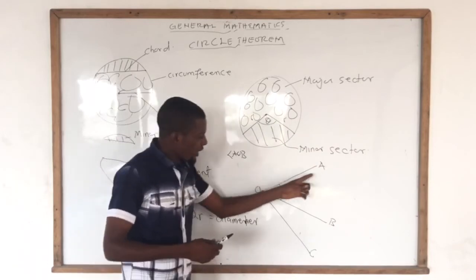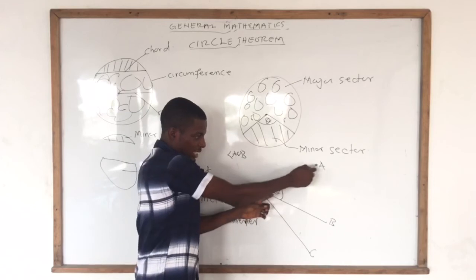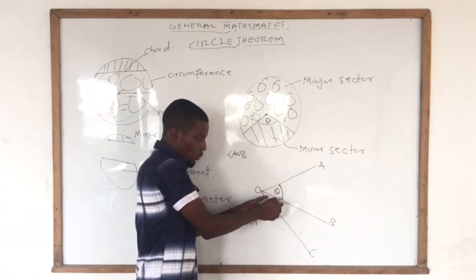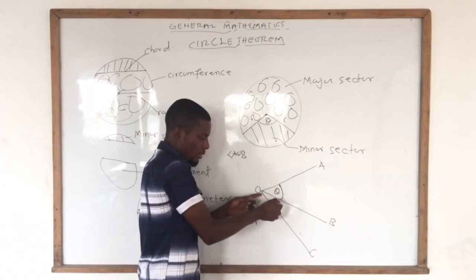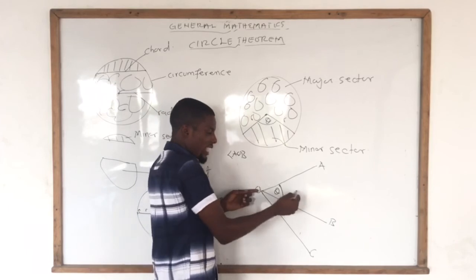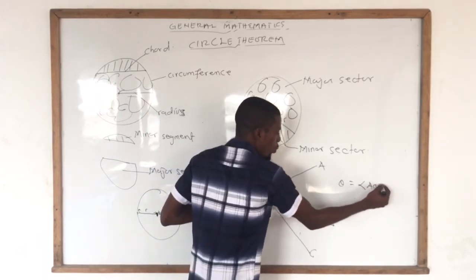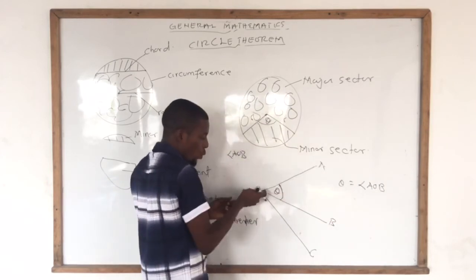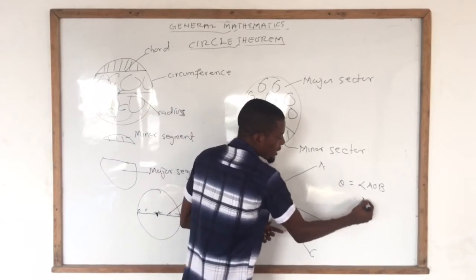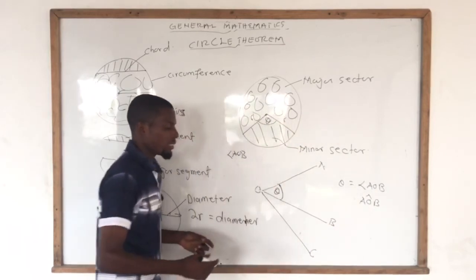So if I want to read this particular angle theta, look, the angle started, it touched the line A, came through until it touched the line B. But the main vertex is the middle one, that is O. So theta is equivalent to angle AOB. Look, angle AOB. You can also write this as AOB with the angle symbol on the O. It's also accepted this way.